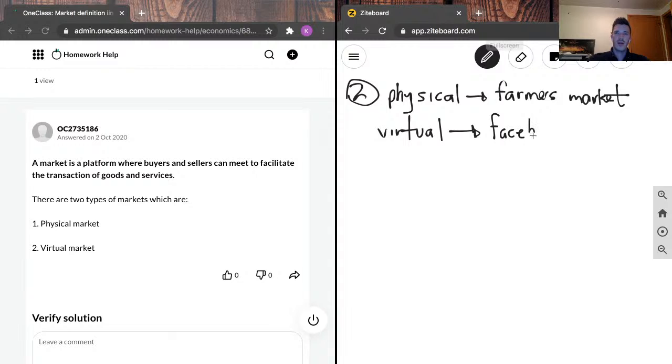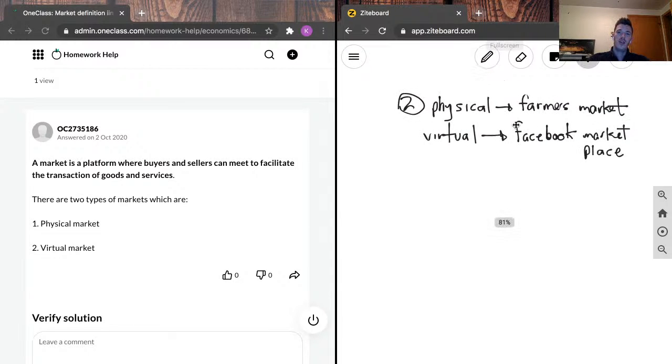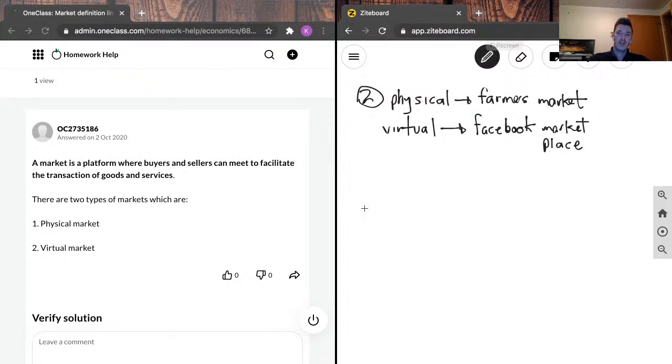And from there, prices are set and transactions are made. The general idea of both markets is going to be the same.